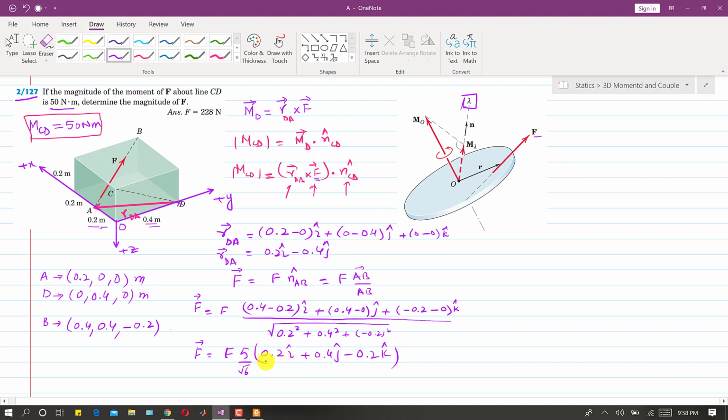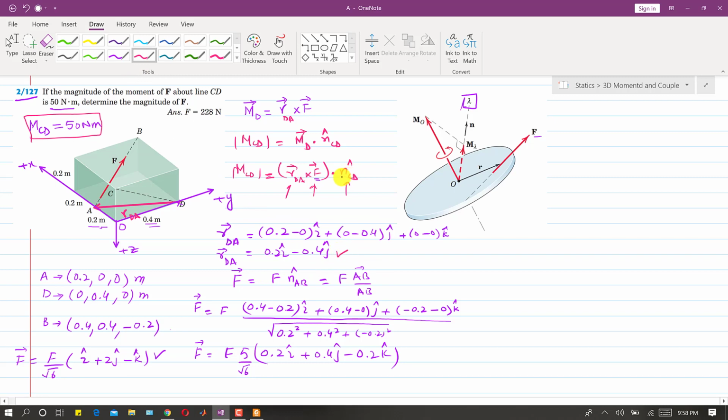If I multiply 5 with all these, the force vector will be equal to F divided by under the root 6 and 5 into 0.2 becomes 1, so it will be i, and 5 into 0.4 will be 2, so it will be 2j, and again it will be minus 1k. So this is the force vector, 1i plus 2j minus k, times F divided by under the root 6. So this is that force vector, this is that R vector.